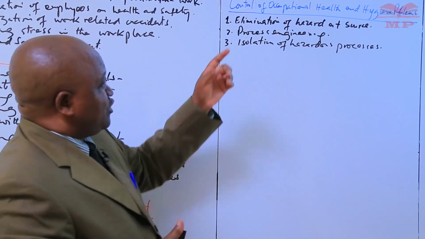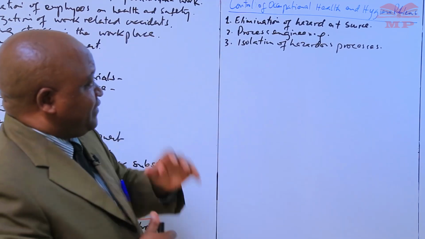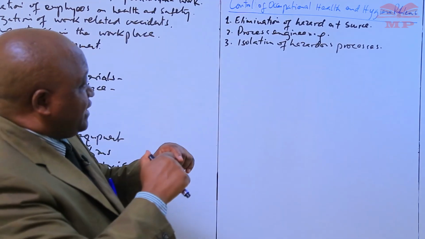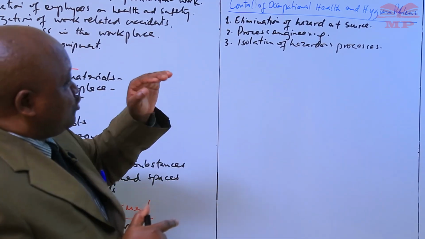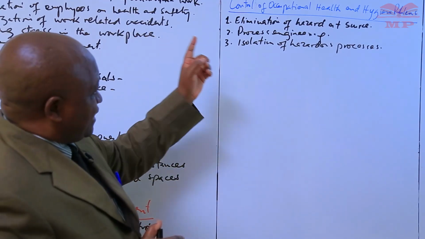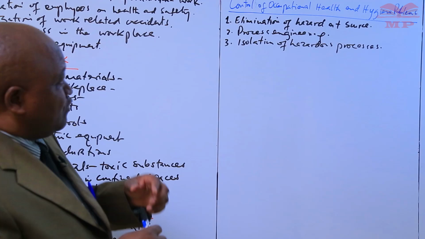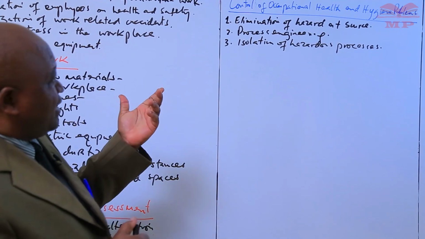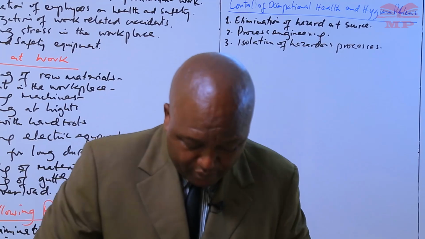So isolation of hazardous processes, they are put in an area where it is difficult to access or is only left out of bounds for people who are not supposed to work in those areas or are not authorized to be there. So that isolation of hazardous processes can also be one of the ways through which you can be able to control health and hygiene problems within a working environment.